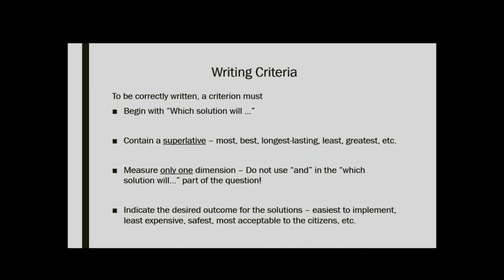Measure only one dimension. Do not use and anywhere in this solution part. Indicate the desired outcome for the solutions, like easiest to implement and most acceptable to the citizens.